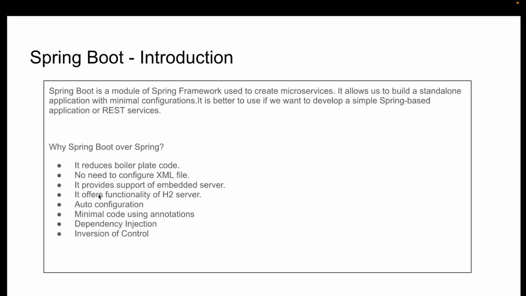Let's see another benefit of Spring Boot. It offers the functionality of an H2 server. H2 is basically a database that can be embedded in your application. We saw in the previous class, while I was talking about JDBC connectivity, I installed a MySQL client and we were able to connect to that database.